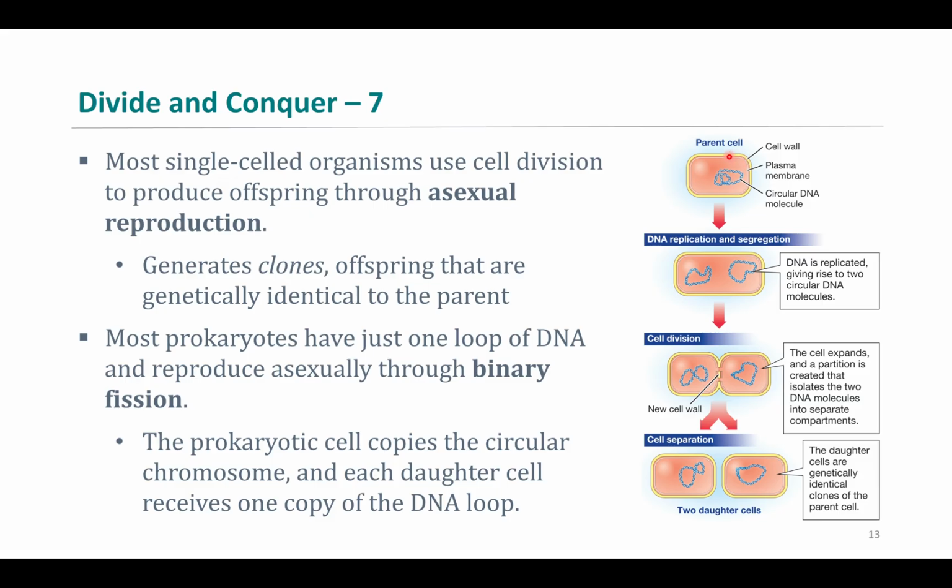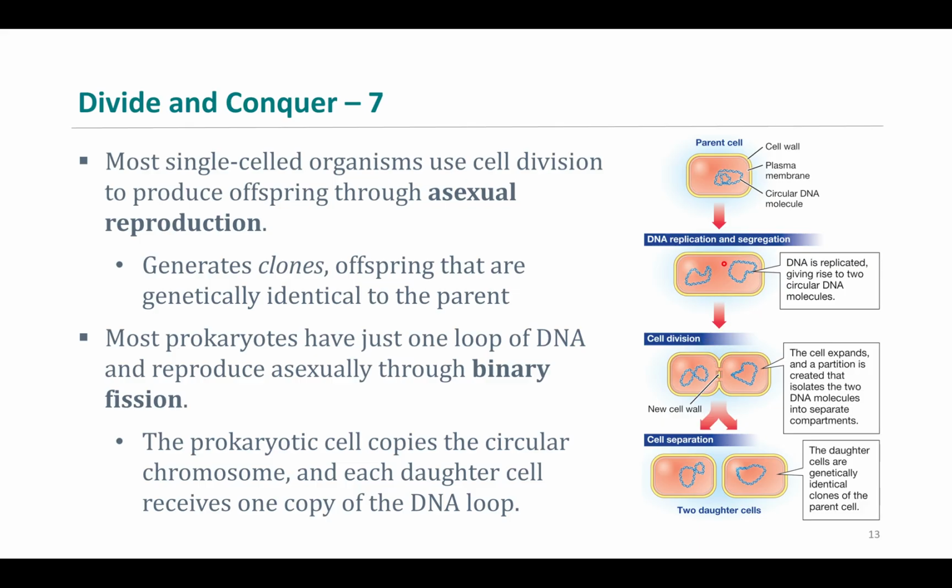In prokaryotes, cell division happens through a process called asexual reproduction, or binary fission. In this process, the circular DNA replicates by itself, producing two copies of the same genetic material.